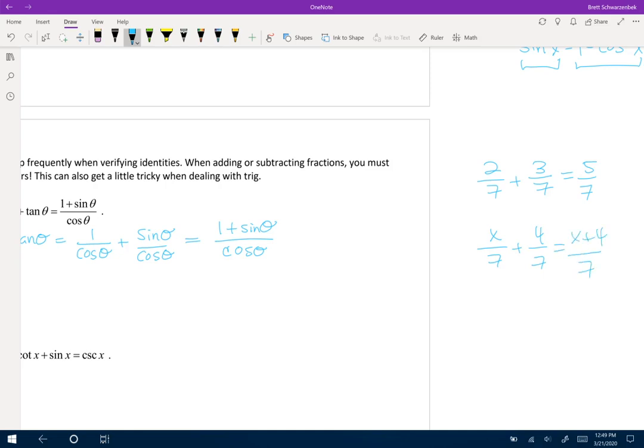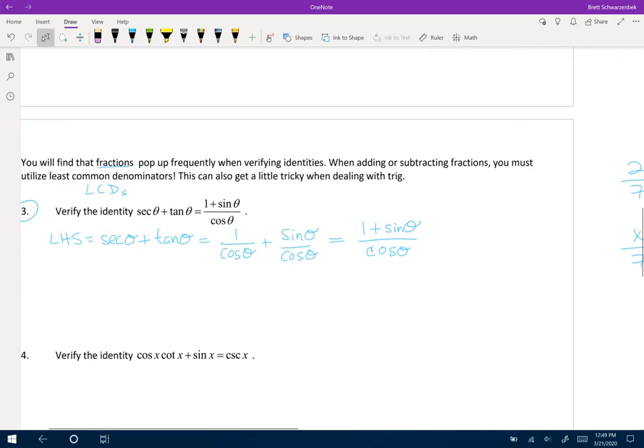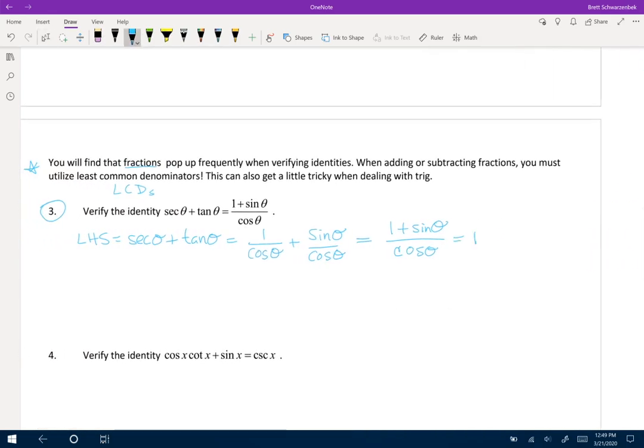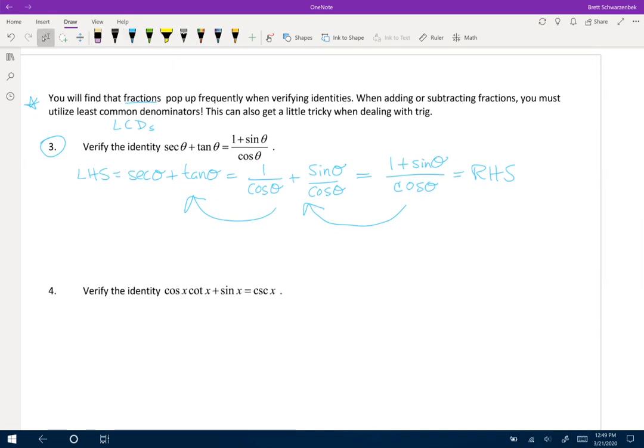It's all about condensing in order to get one single fraction. And if we do that in this problem, we end up with our right-hand side already, and we have a proof. Now note, we could have started with the right-hand side in this scenario and then split it into two fractions. It's basically the reverse process, and we would end in the result.